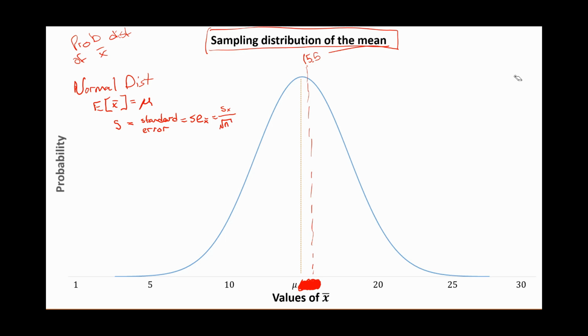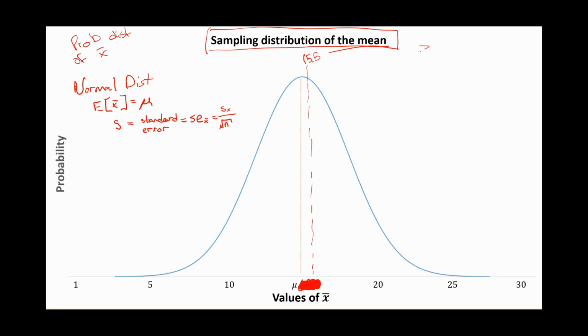All right. And what we can do is use the information that we have to try to understand how far away or how extreme of a value our sample mean is based on different possible values of the population mean.